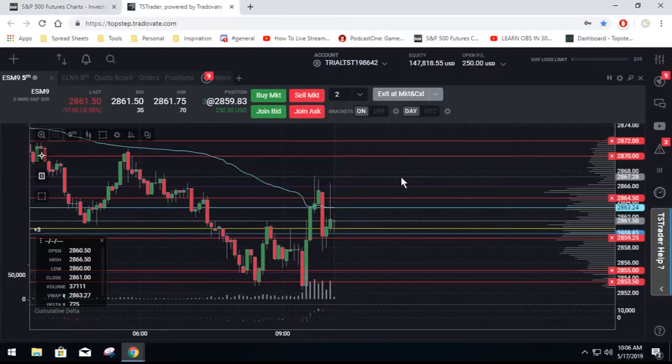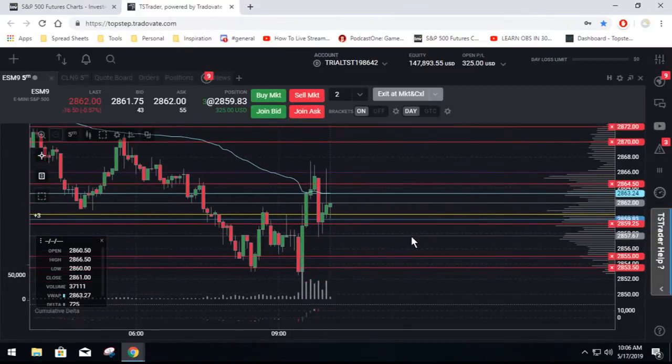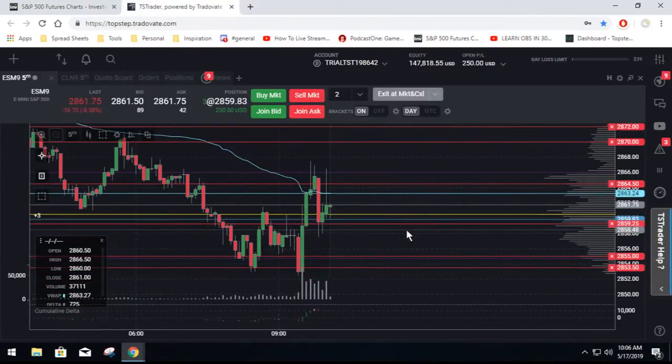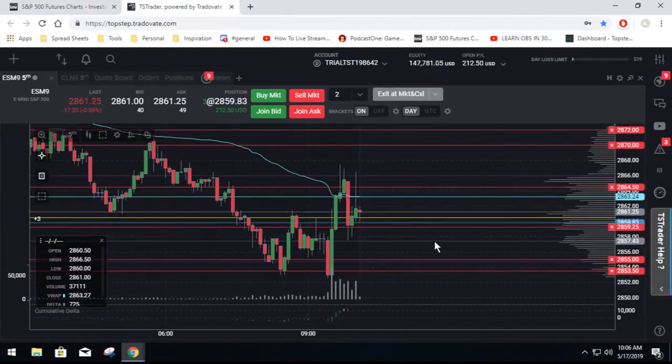So you're on max contracts, 50% of your risk. Because if you even get stopped out here, it'll be like a break even scratch.